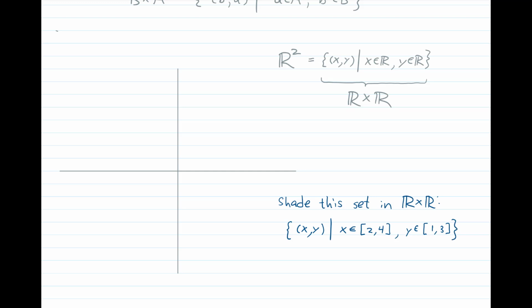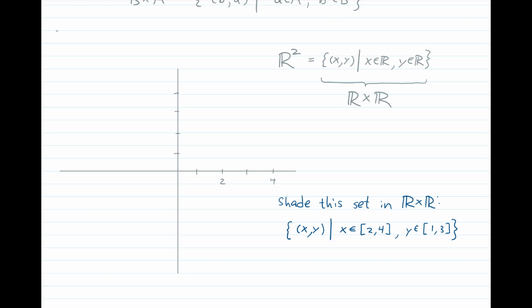Let's shade that set inside of R cross R. Okay? What would it look like? Let's put some markings on our axes here. So x is between or equal to 2 and 4.